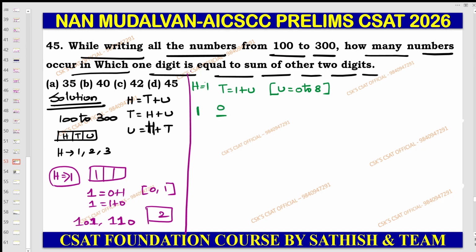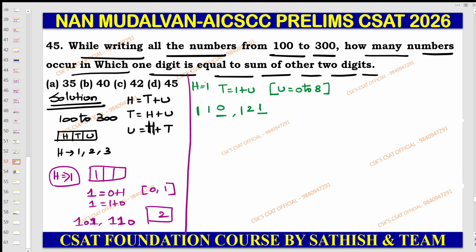If you are taking 0, what is the tens place? 1. The reason I am stopping here at 8 is that if you are taking 9, then 9 plus 1 becomes 10, which is a 2-digit number. It's not a single digit number. So it must be a single digit number. So here in the unit place I am taking 1. So therefore 1 plus 1 is 2.